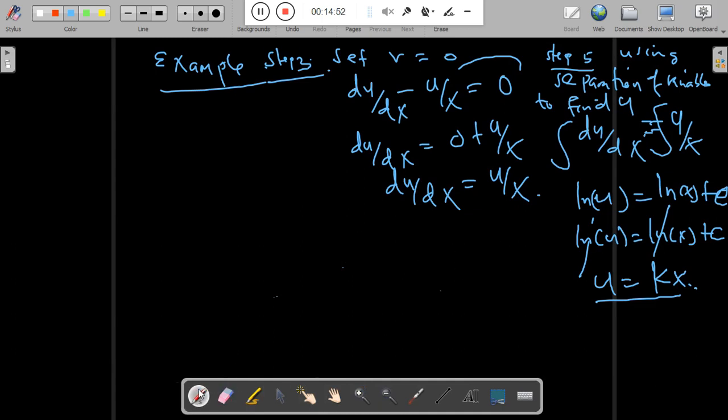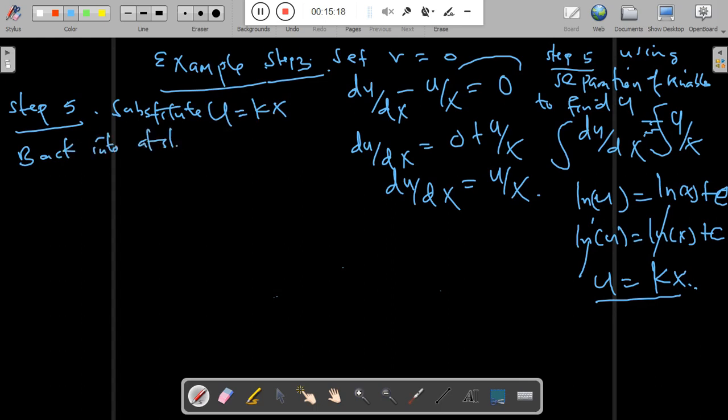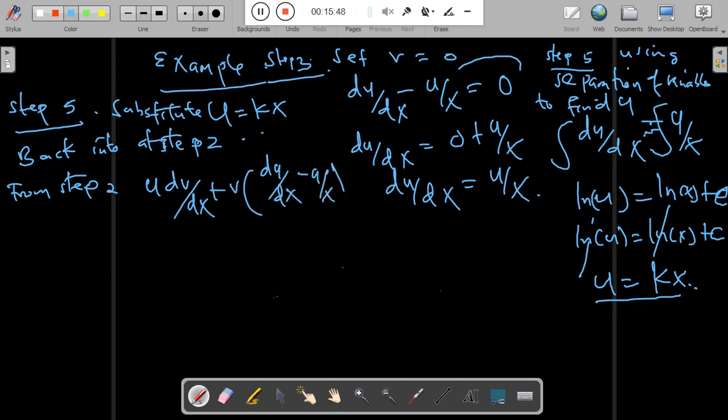So let's go to another step. So that was step number 4. So this is step number 5. So we substitute u is equal to kx. We substitute it in step number 2. So remember, our step number 2 was u dv over dx plus v bracket open du over dx minus u over x bracket close is equal to 1.